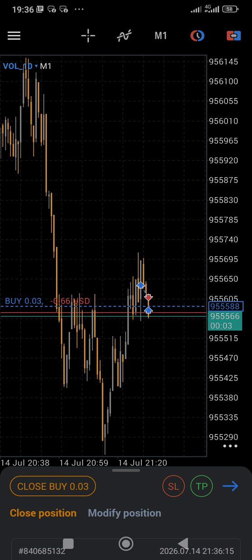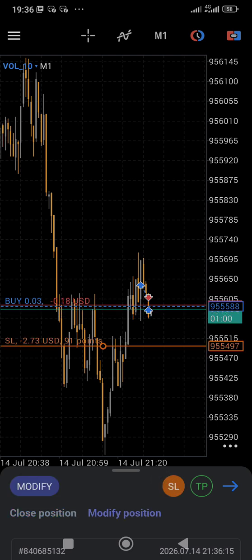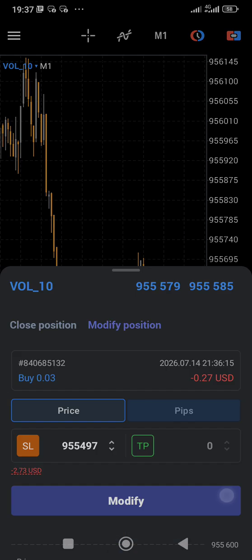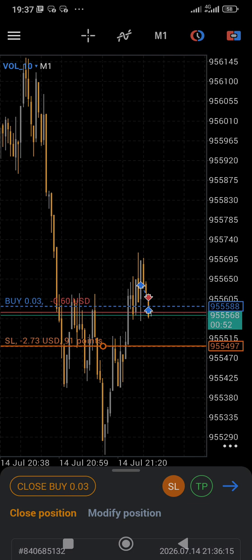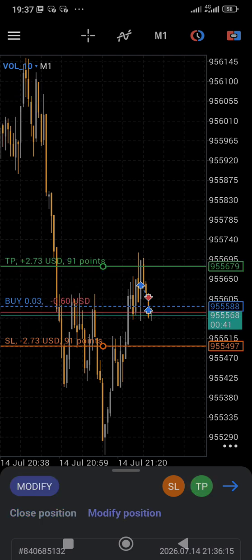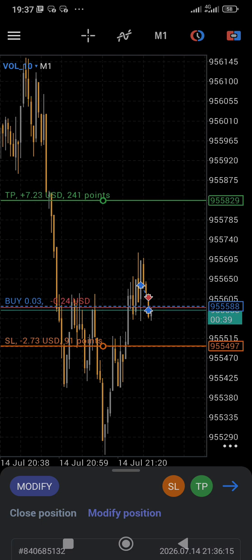Now we have a new position, so let me place my stop loss for this one. Due to the fact that the leverage is higher than the previous one, you can see that the loss is higher. Initially the previous one was $0.9, but this is $2.73 because I placed a trade with 0.03 leverage. Now my take profit again is $7.